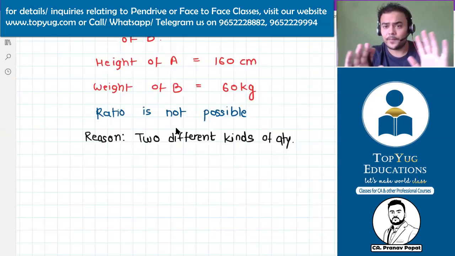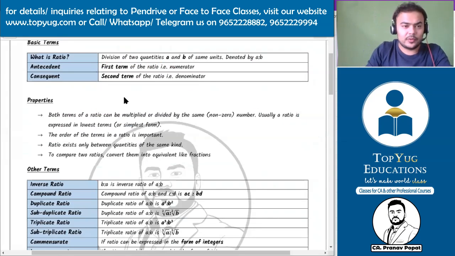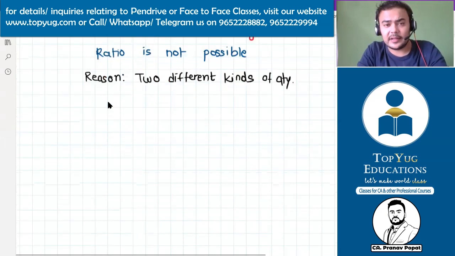Clear till now? Everything is fine? Yeah. Now let us come to notes. What we did now: division of two quantities A and B of the same unit denoted by A ratio B. Now some basic terms: antecedent and consequent. Let's understand about these terms.